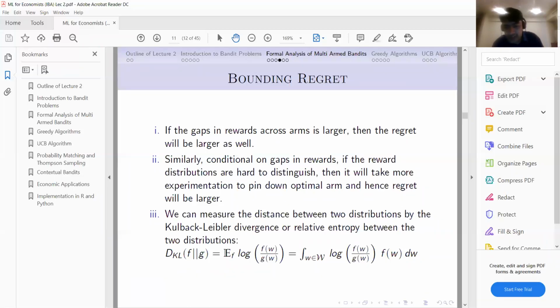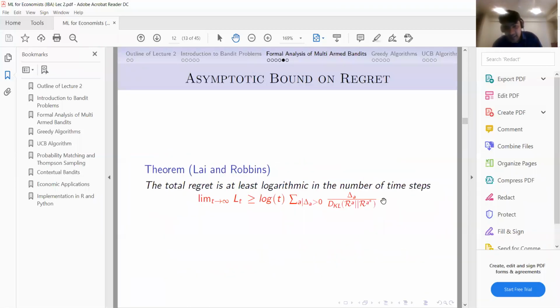I don't want to go into this detail, but basically there is this term in the denominator which quantifies some sort of difference as you move over time. Remember, you're summing over A, and you look at the Kullback-Leibler divergence between the reward distribution R_A for A and A star, which is your optimal action. If these distributions are very far apart, then your problem actually becomes easier because they're easy to distinguish.